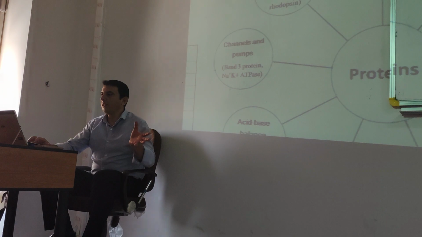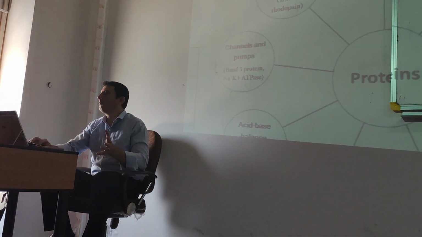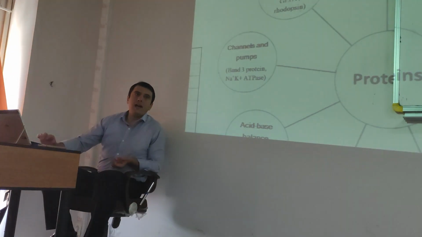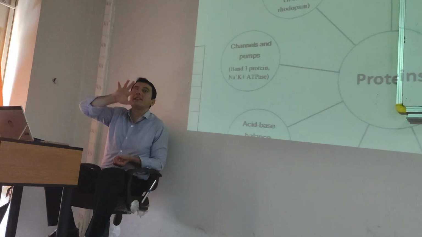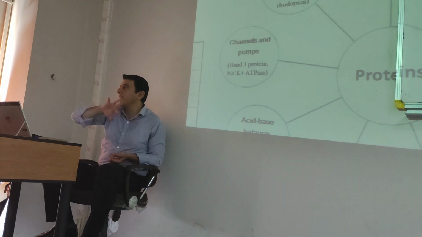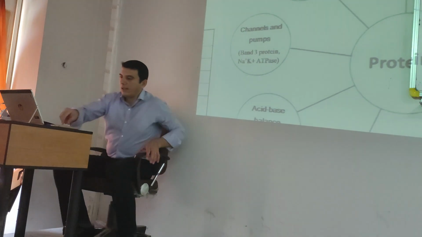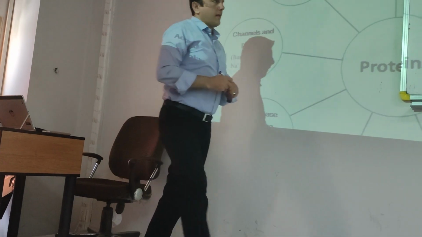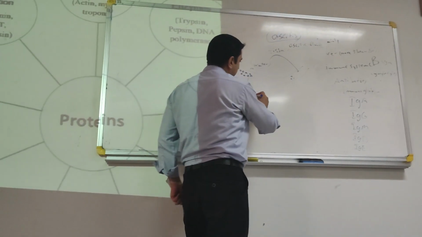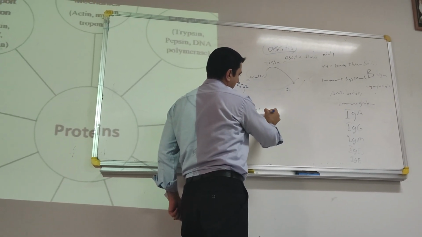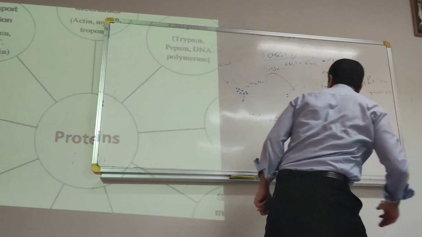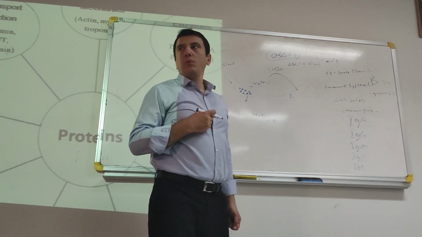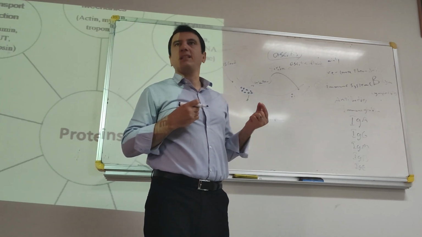We also have other proteins, for example, band-3 protein. Band-3 protein is a protein which is located at the surface of RBCs, red blood cells. I explained a very important buffer in our blood, which is the bicarbonate buffer.